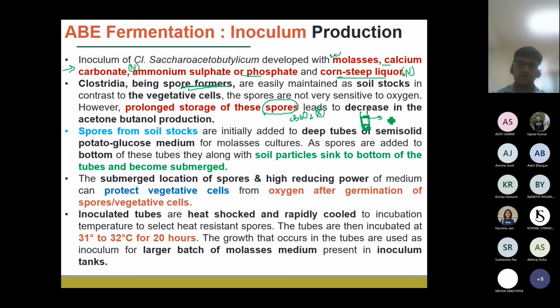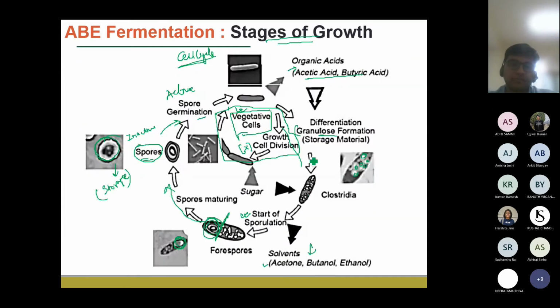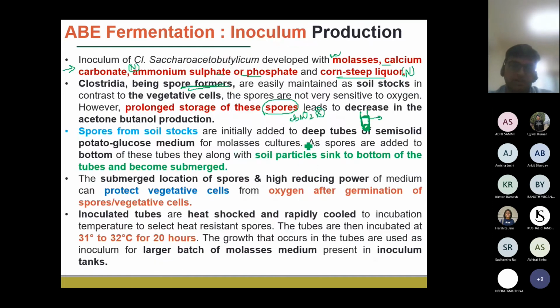So this is how, at this particular stage, if the Clostridium species is in the form of spores, it is stored in deep tubes of semisolid medium.